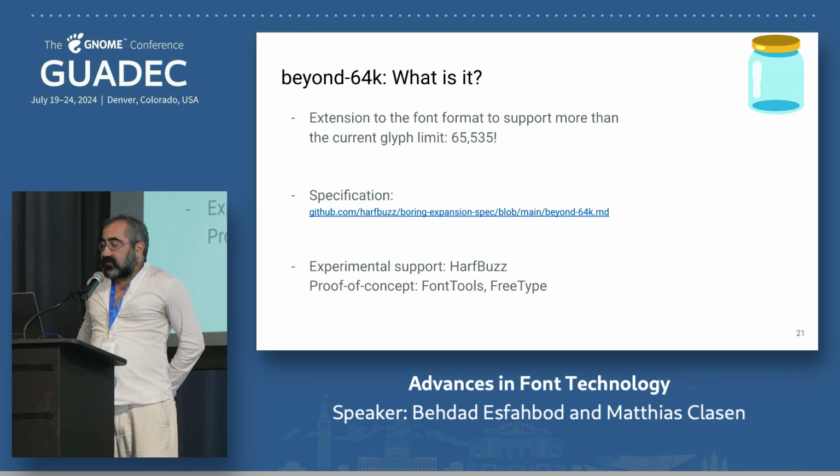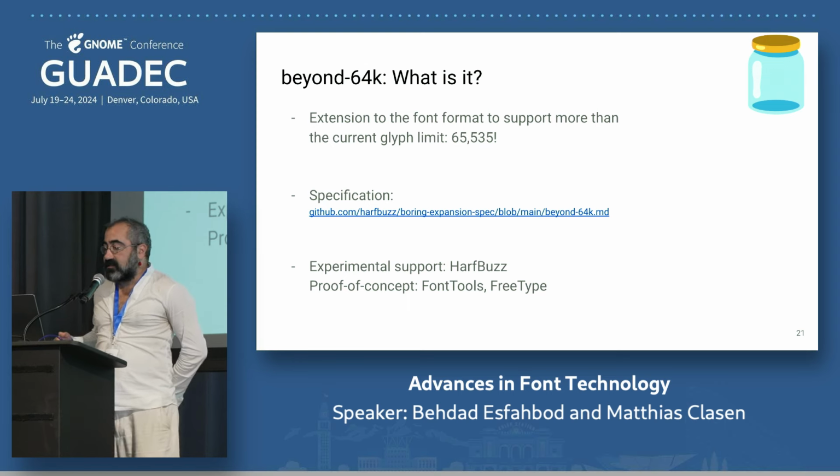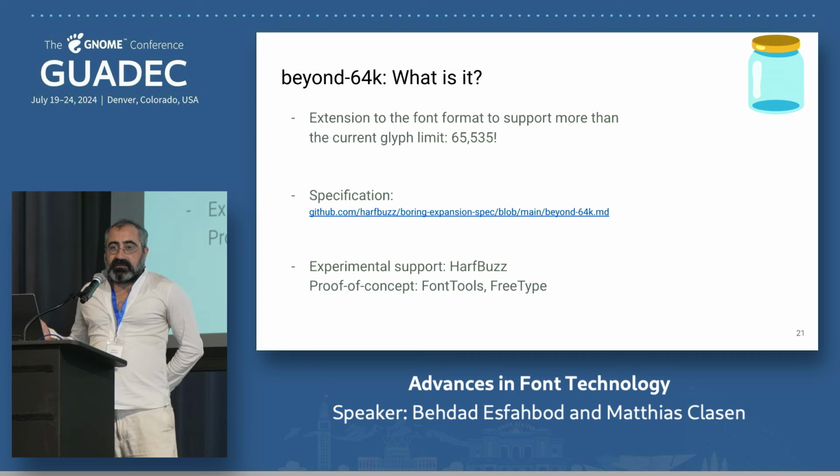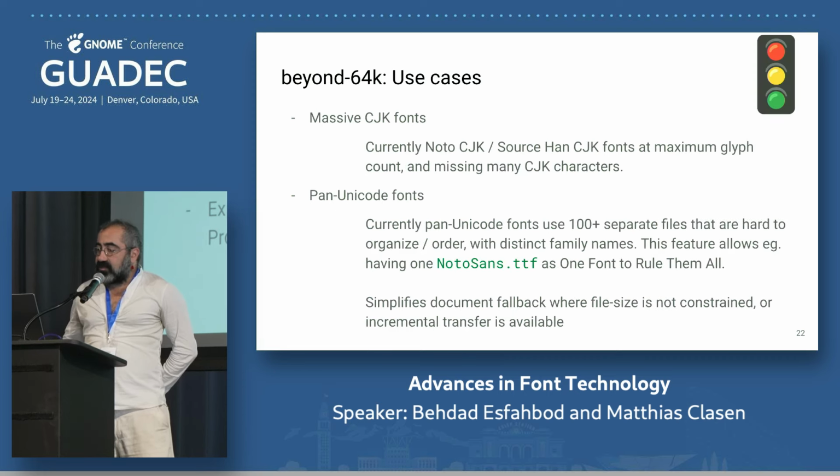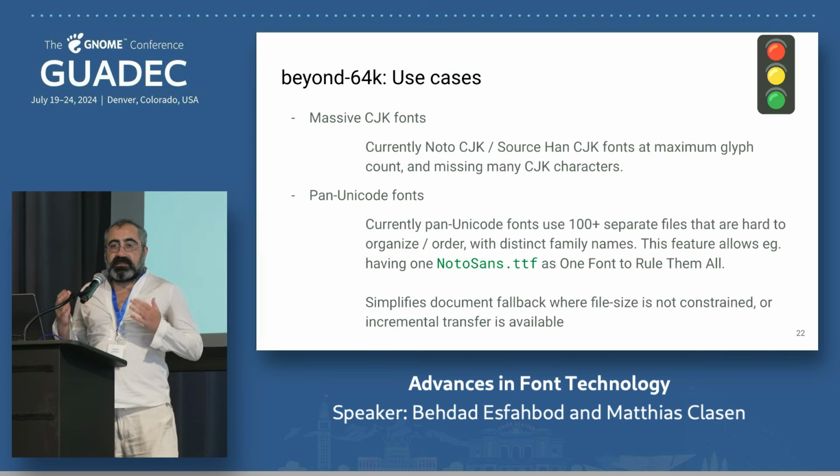So the other advance we are making is to allow fonts to contain more than 64,000 glyphs, which is the current limit. Now you might think 65,000 glyphs is more than enough per font, but Chinese, Japanese, Korean fonts already go beyond this number. Unicode keeps encoding tens of thousands of characters there.